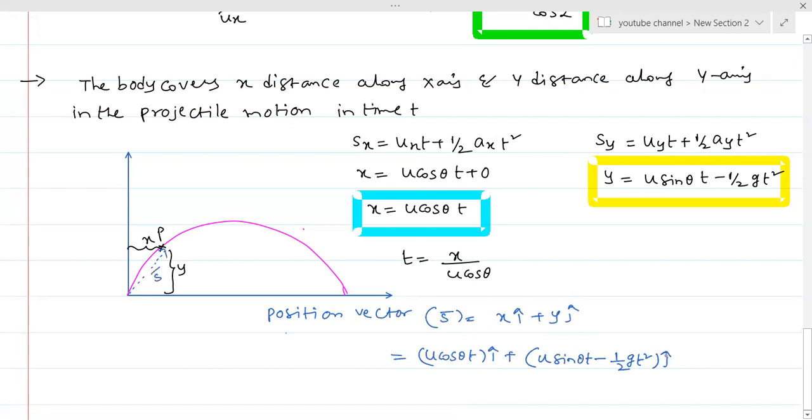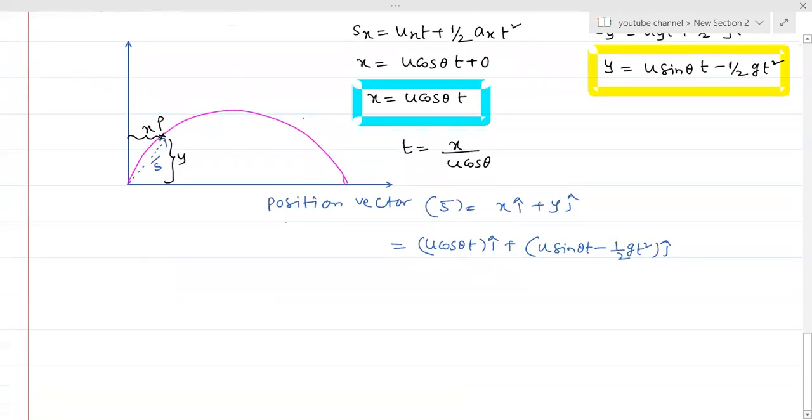So we express that x is u cos theta t and y is equivalent to u sin theta t minus half g t square. So this is the horizontal distance, and as well the vertical distance. This is the discussion after some time.